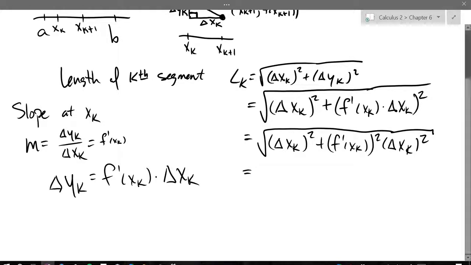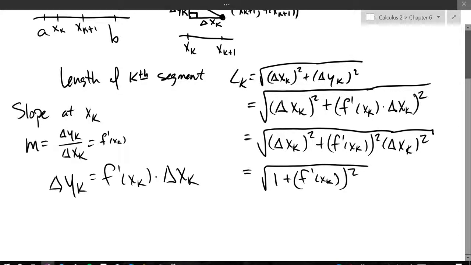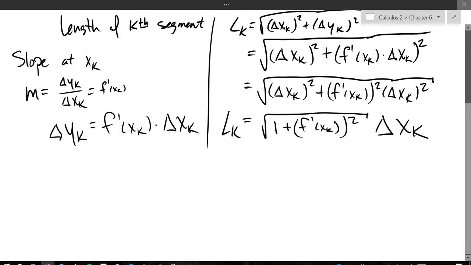And the good news is it can go all the way outside as regular delta xk. We're going to get square root of 1 plus f prime xk squared, and then outside the square root, delta xk. So that is the formula we're going to use for Lk, the length of the kth segment.